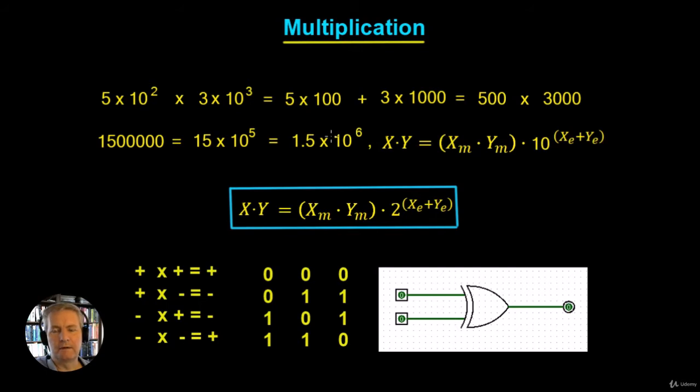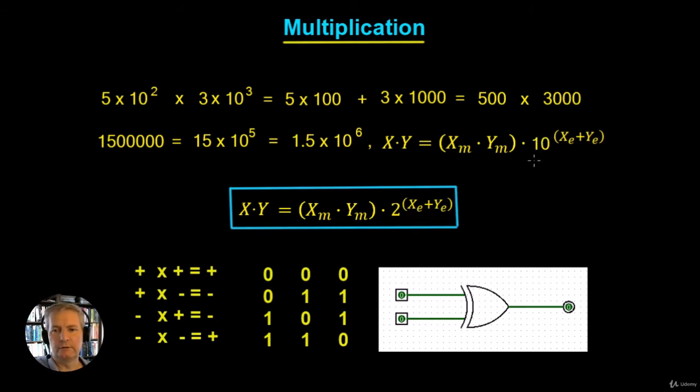So if we look at this mathematically, we could say that x times y is going to be the multiplication of the Mantissa of x with the Mantissa of y, times 10 to the power of the exponent of x plus the exponent of y. Now we know that we're not using the base 10, we are using the base 2, or equivalently we could call it the radix.